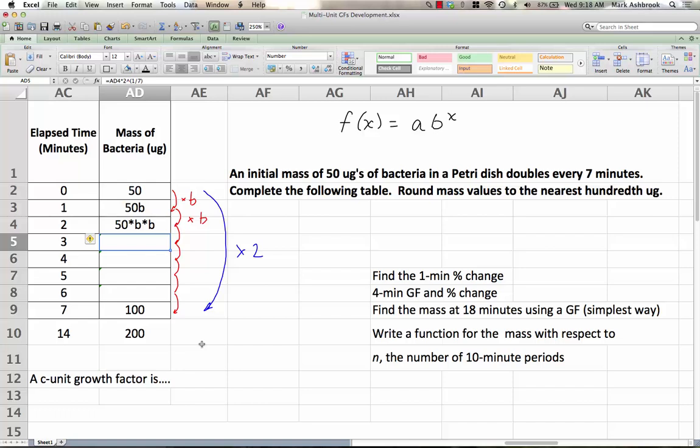Okay, it's B. So we said the 1 unit is B. Also, you can set it in exponential form, 50 times B. So I want to use that B to go all the way from 50 to 100. How would I do that using the B? You had the right idea, but I don't care about the middle now. So how would I use that B to go all the way from 50 to 100?